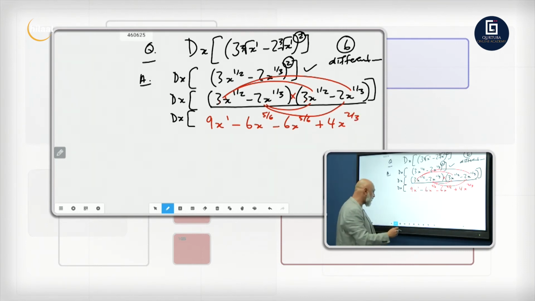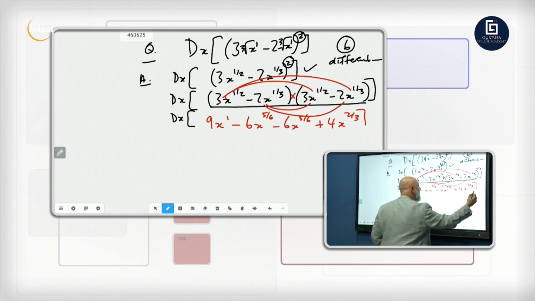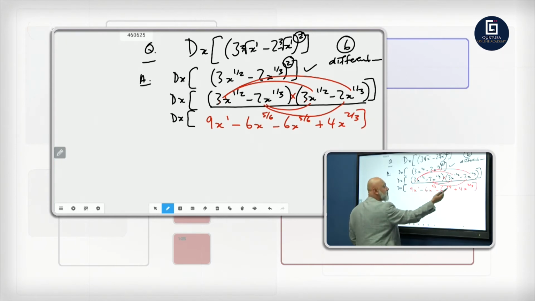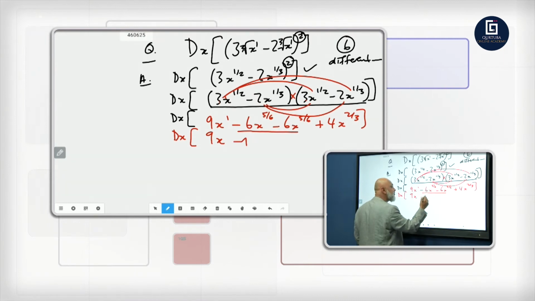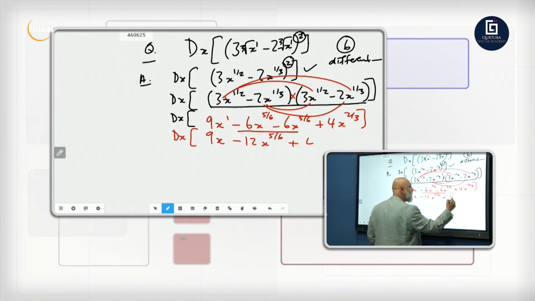We're not yet done. Let's collect our like terms. You've got x to the power 5 over 6, x to the power 5 over 6. So we still have dx. We haven't yet differentiated. Minus 6 minus 6 is minus 12. Minus 12x to the power 5 over 6 plus 4x to the power 2 over 3.